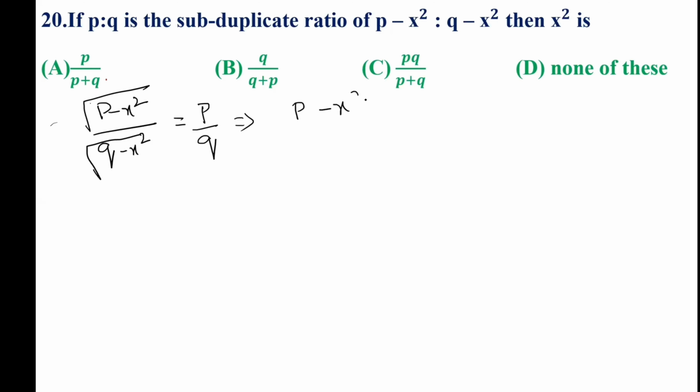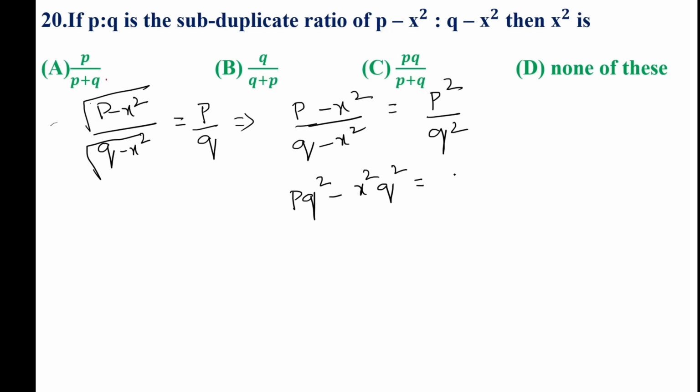P minus x square by Q minus x square. Take this root to the right hand side, then it will become P square by Q square. Cross multiply. This will become PQ square minus x square q square is equal to p square q minus p square x square.